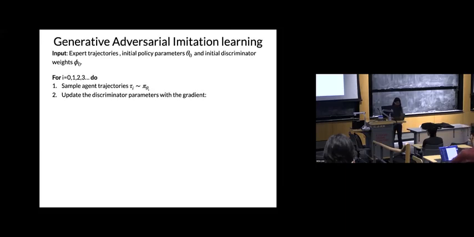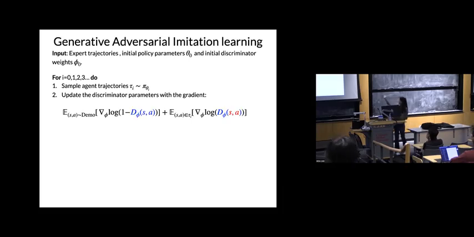Okay, so just to be clear about the pseudocode, we have a bunch of expert trajectories and we have some initial policy parameters and initial discriminator weights. Of course, we initialize them randomly most of the time. And then I sample some agent trajectories, and then I update my discriminator and my policy. My discriminator is updated through this objective that we've seen before.